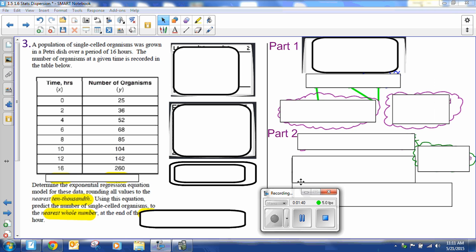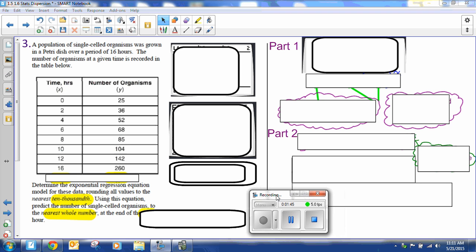So let's take a look at this question here, which is pulled off of an old Regents exam. A population of a single-celled organism was grown in a petri dish over a period of 16 hours. So here's your x column from 0 to 16 hours every 2 hours. The number of organisms at a given time is recorded in the table below.